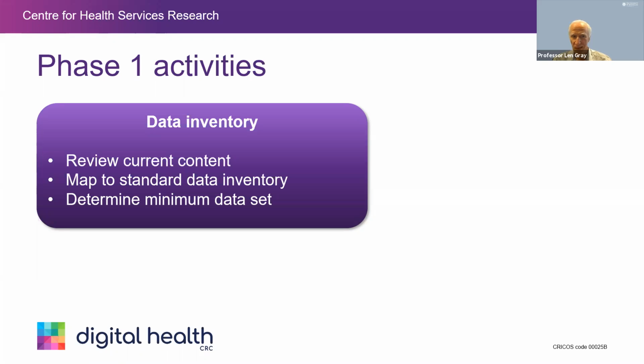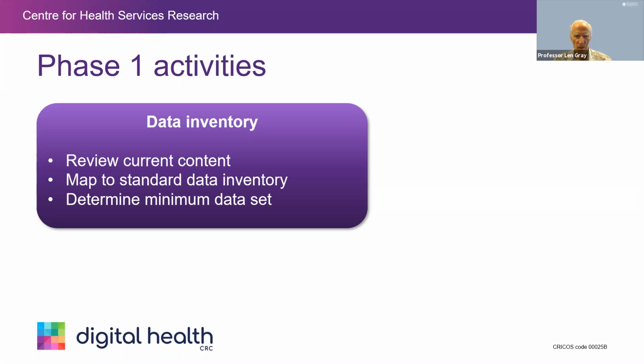First is to create a data inventory, and that would be to look at the current content of information that providers are collecting, and for that matter, we'll include what the department is collecting at the moment and what it proposes to collect in the near future. We'll map that to a standard data inventory.